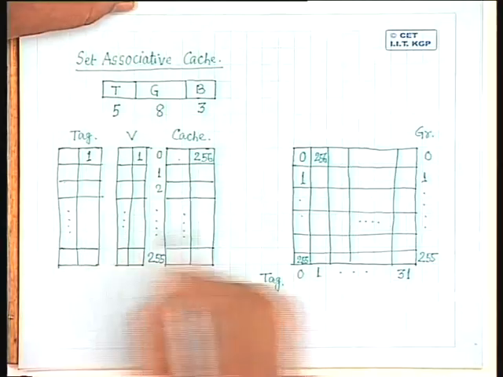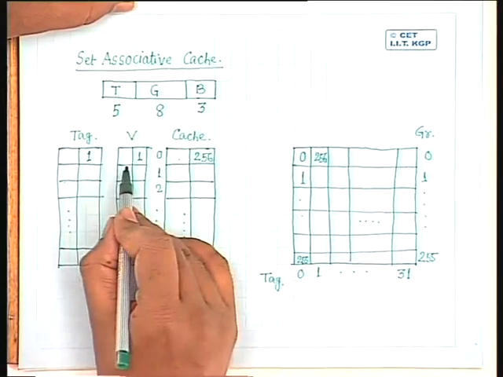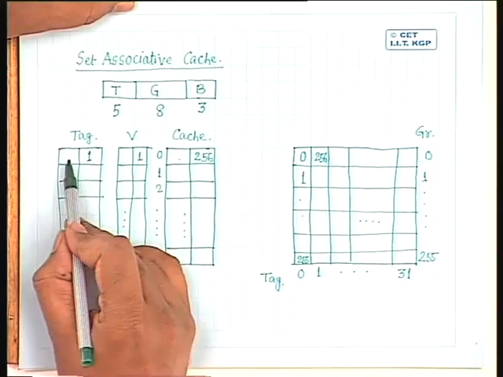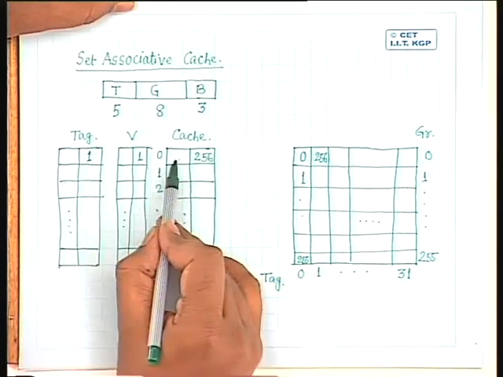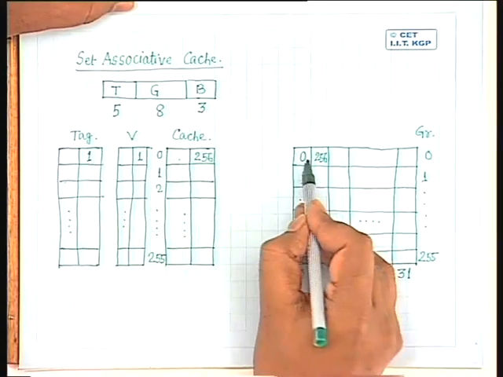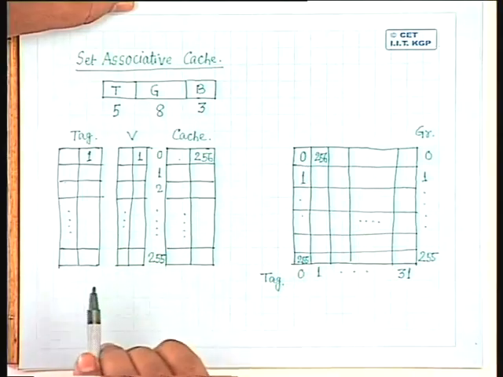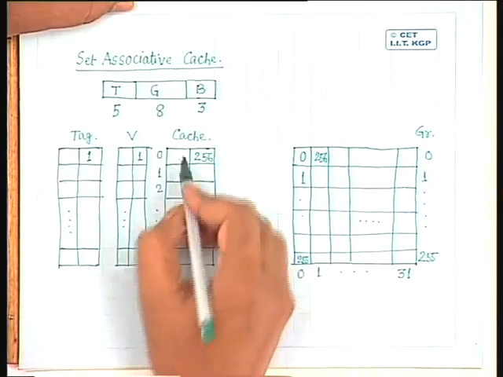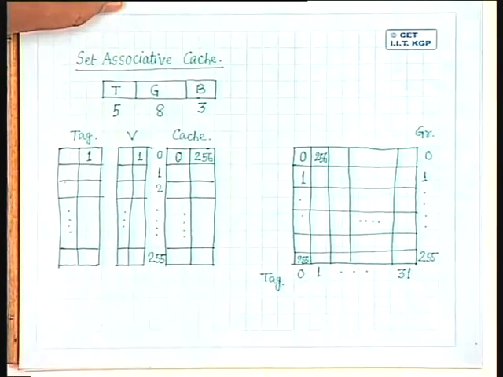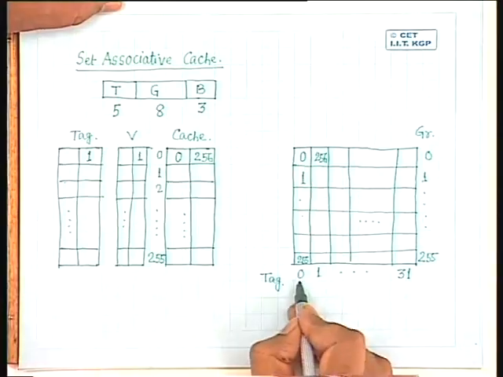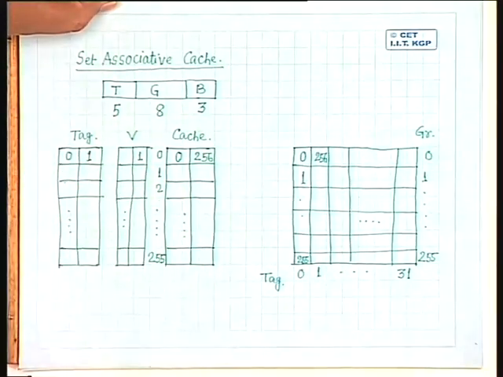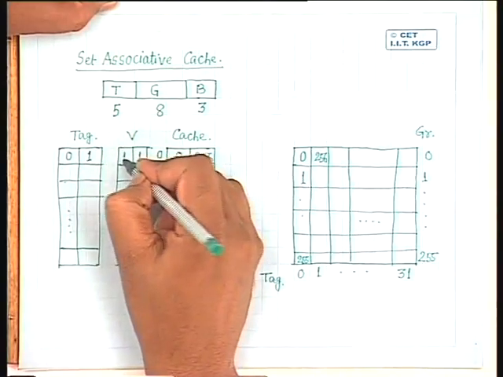Now, if I want to put another block belonging to the same group also in the cache memory, you find that the other element of this set is empty. So suppose block number 0 has to be placed into the cache memory. In this case, this particular cache line can contain block number 0. For block number 0, tag value is 0. So the corresponding entry in the tag memory will contain a value 0, and this valid bit will be equal to 1.